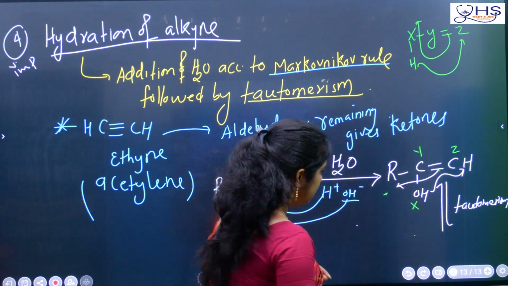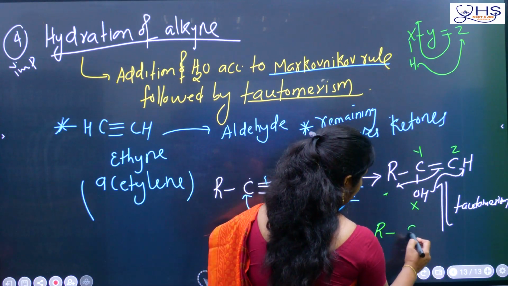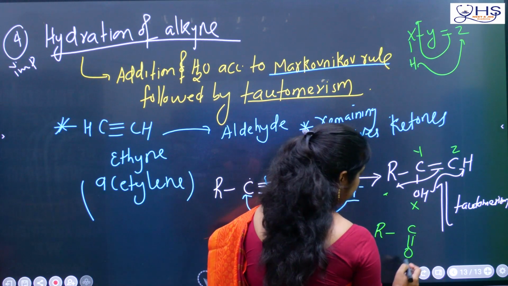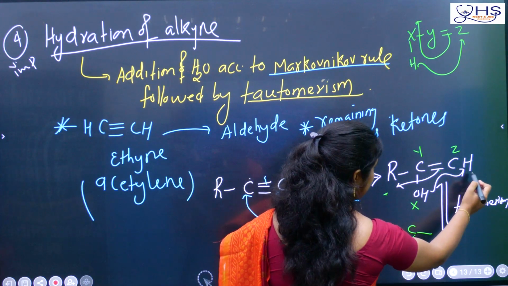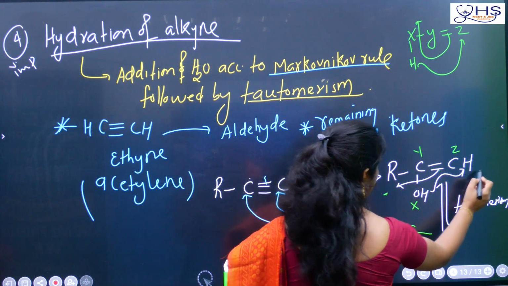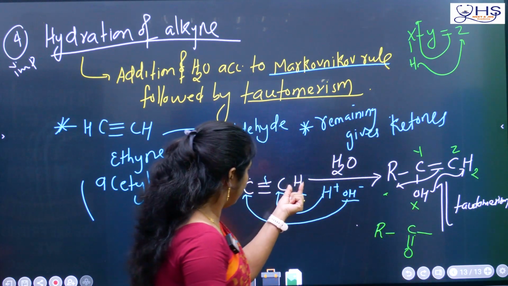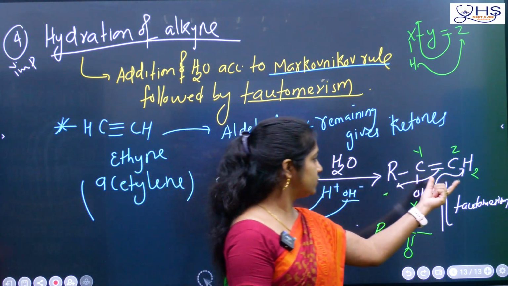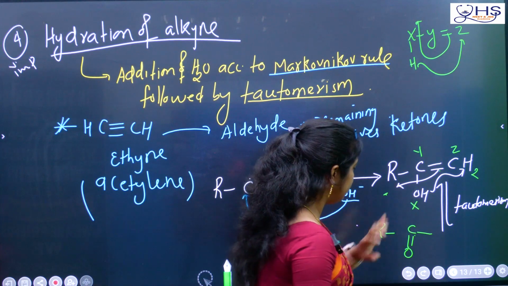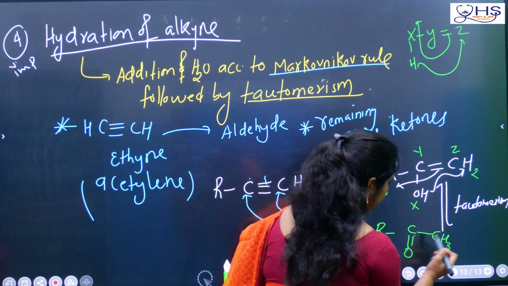So what will it become? R carbon. Now we have shifted the double bond here, so this becomes a single bond. Then here you have CH, sorry, the original CH was there and the H plus is attached now, one more hydrogen, so CH2. Now the CH2 and H become CH3.